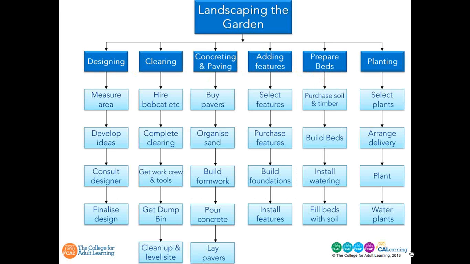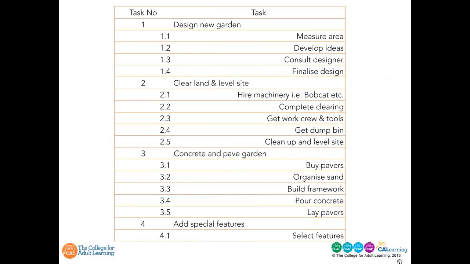So here's the hierarchical breakdown of all project tasks by logical grouping and sequence. Now, as you can see in the example of a fairly simple work breakdown structure for landscaping a garden up here on your screen, and you can see it in diagrammatic form like this, or it can also be in a table.